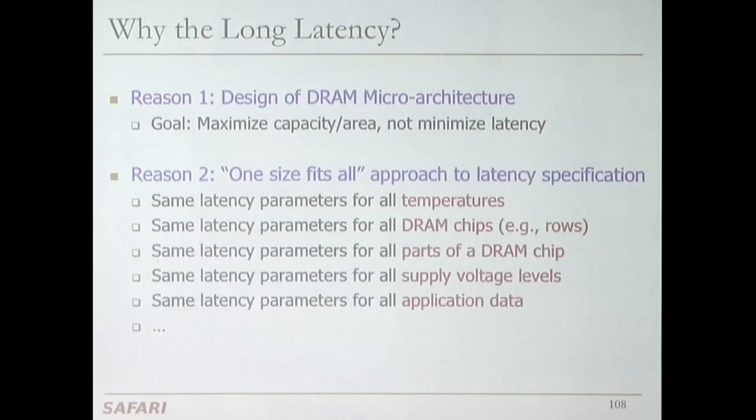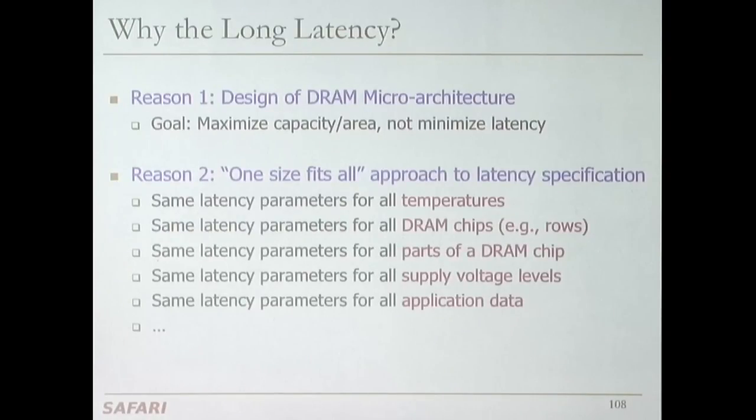And we're going to talk about why we have the long latency. Hopefully we'll cover the first reason in the next 10 minutes. There are 2 major reasons. If you come up with another reason, that's good. That's actually research. Maybe you can come up with some other reason that's more researchy. But I'll give you 2 known and relatively well-studied reasons. The first is due to the design of the DRAM microarchitecture.